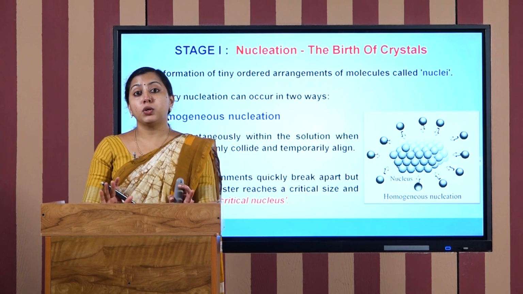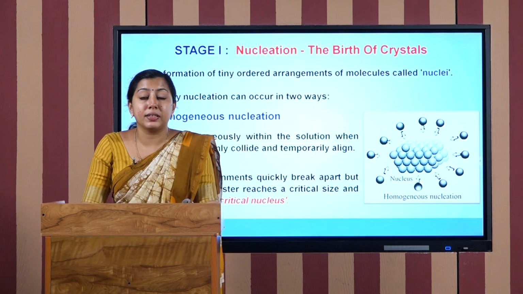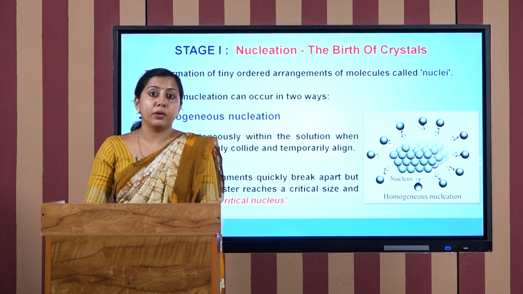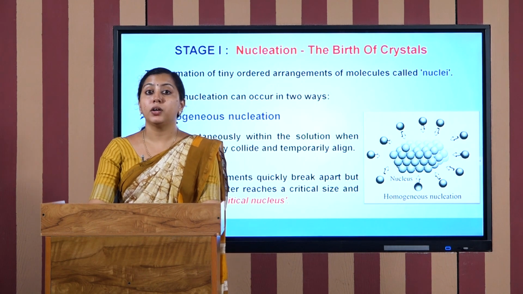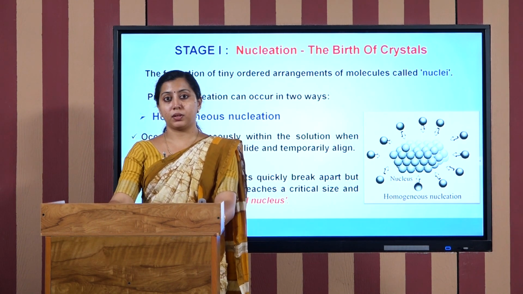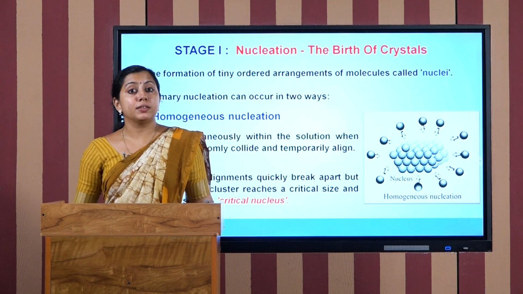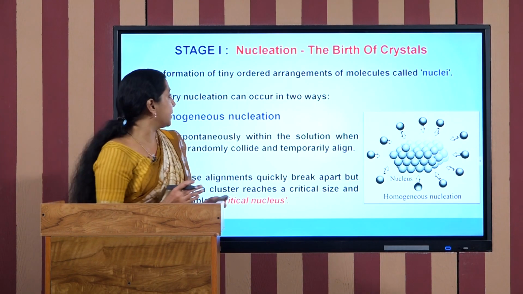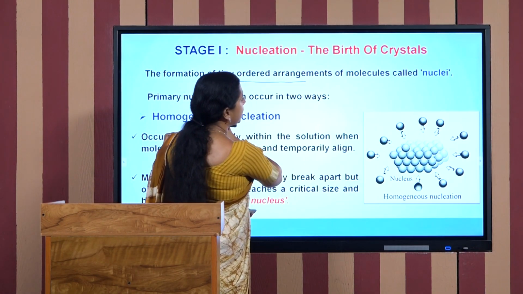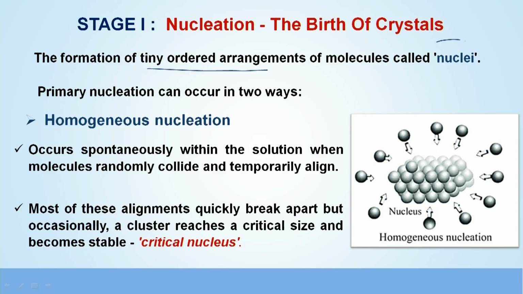Now, there are two stages of the crystallization process. We will discuss them one by one. The first stage is nucleation, or the birth of crystals. What is nucleation? It is the formation of tiny ordered arrangements of molecules called nuclei.